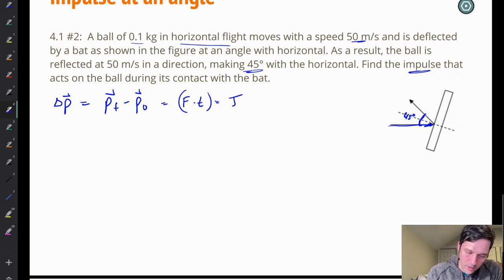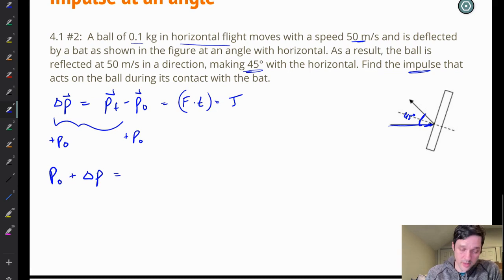What I'm going to do is I'm going to rearrange this a little bit. So rather than sort of defining the change in momentum, I'm going to say, well, what if I move the original momentum over to the other side? That would be like saying, well, I'm starting with some original momentum, and then I undergo a change in momentum, which results in some final amount of momentum.